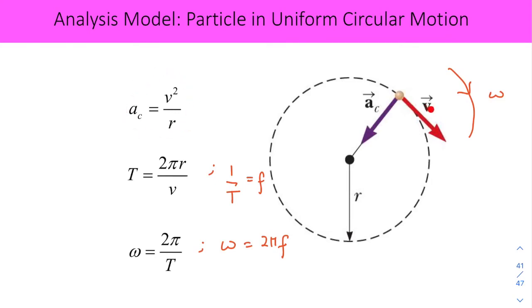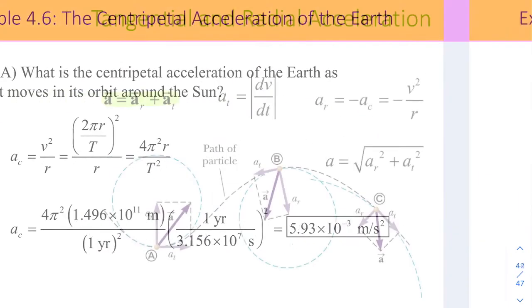Why is this happening even though v is constant in magnitude? Because the direction keeps on changing, always tangent to the point.